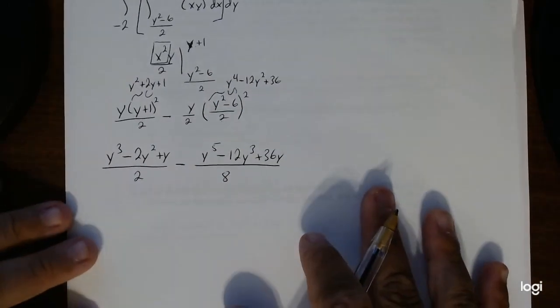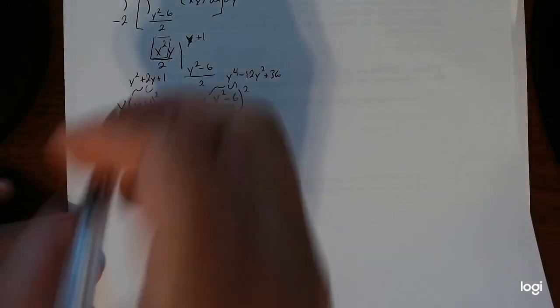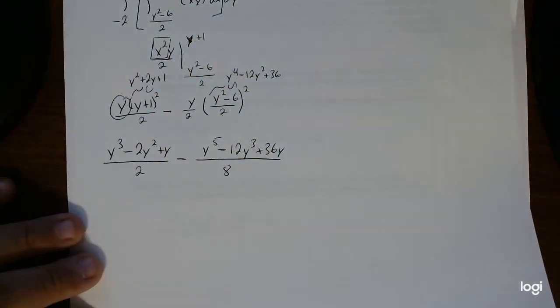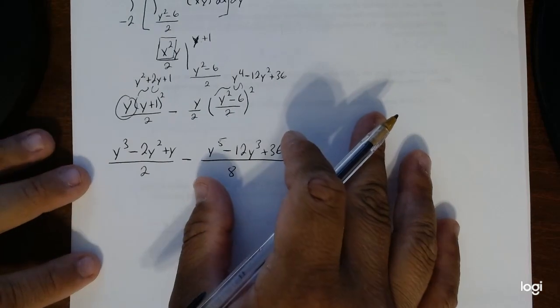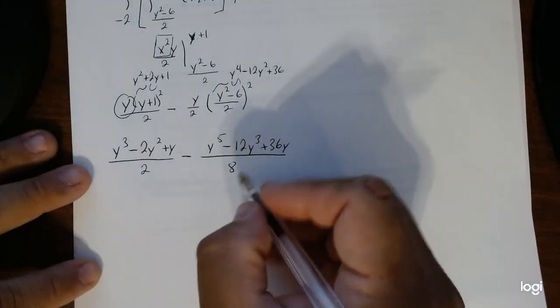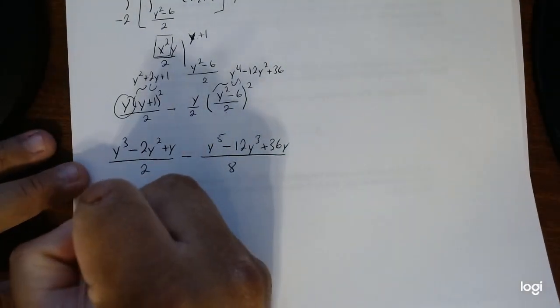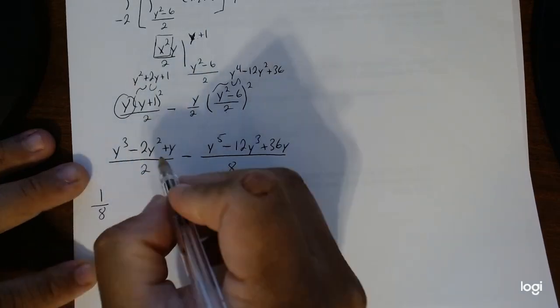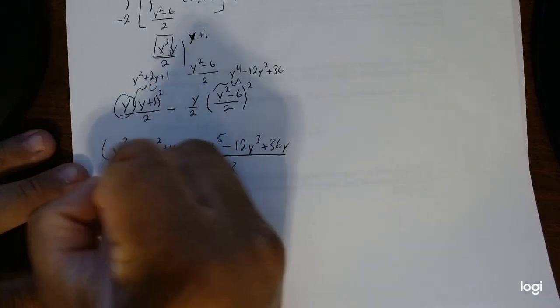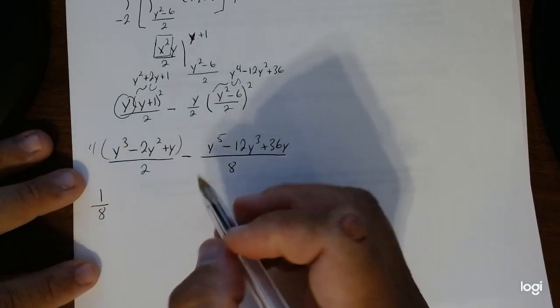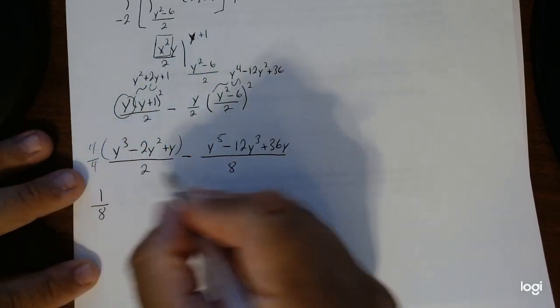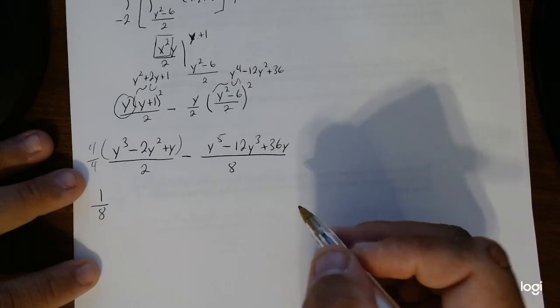Okay. Now this is where I messed up on the last part, right here. I forgot to distribute the y, and it messed everything up. So to make this a little easier to look at, I'm going to factor out a 1/8. When I factor out a 1/8, that means I'm multiplying this side by 4 to get the 1/8 at the bottom. If I multiply 4 over 4, it's literally just putting the fractions together.